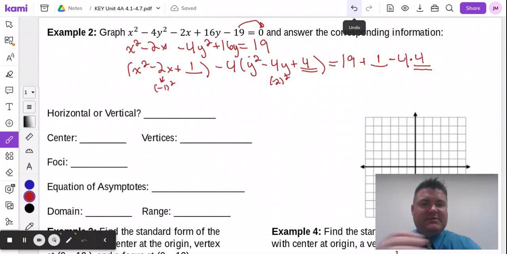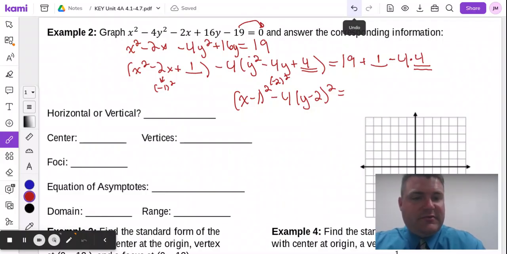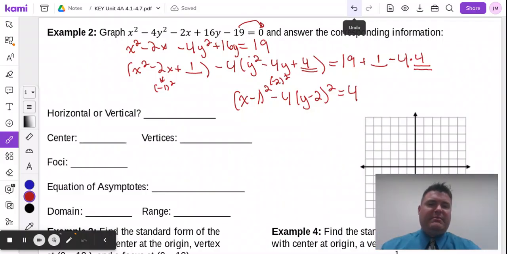And I believe that gives me a 4 on the right-hand side. So I'm going to get x minus 1 squared minus 4 times y minus 2 squared equals 4, because 19 plus 1 is 20, minus 4 times 4 is 16. So we get 4 on that side.